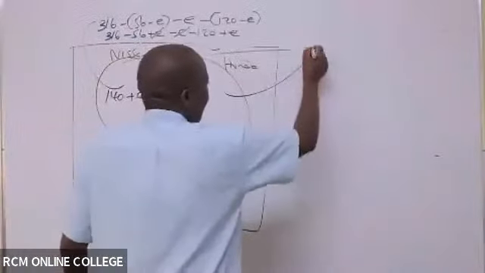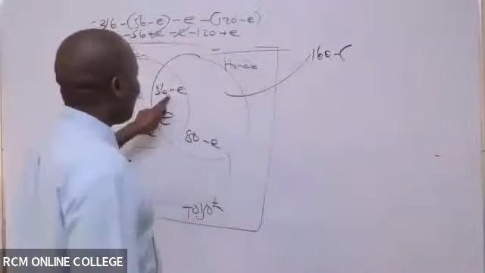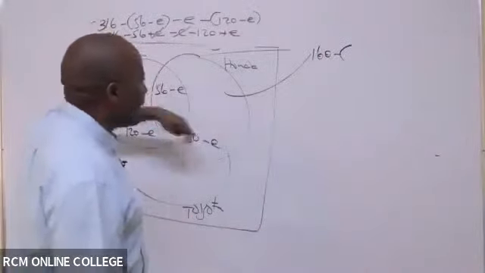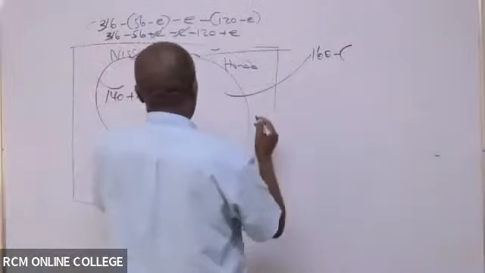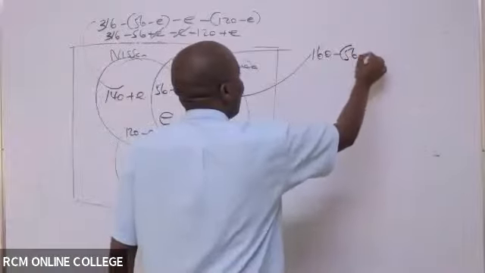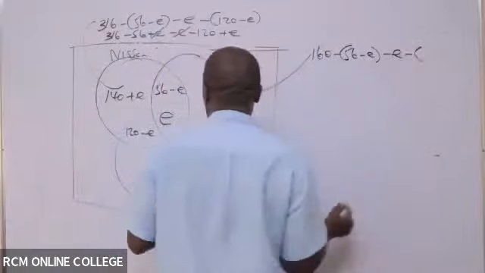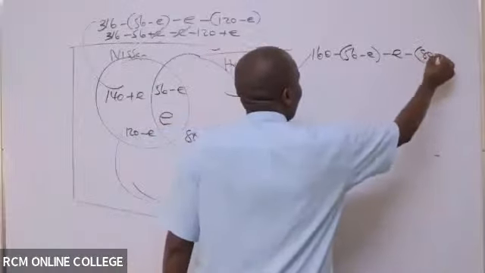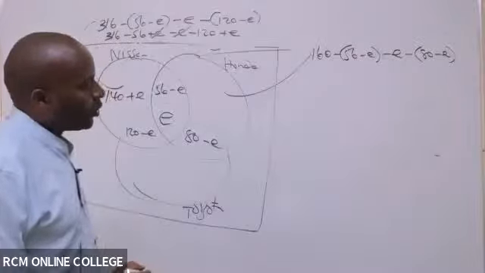So this one here will be 160 minus this minus this, because this is the circle of Honda. So we must say 56 minus E minus this one, E, minus, open brackets here for 80 minus E like that.